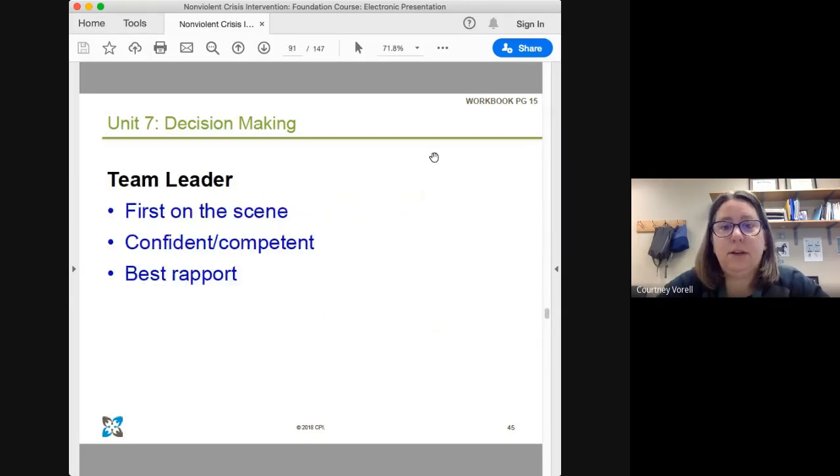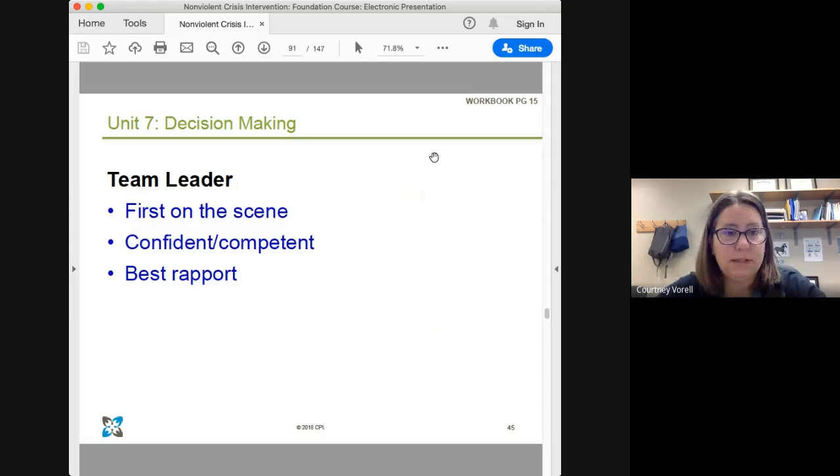We talk about the team leader. A lot of times this is just the first person on the scene. That person may continue to be the leader in the crisis if they're competent and confident, if they've had that training and they feel good about using it. It may also just be the person who has the best rapport. I've had situations where we have a student in crisis.